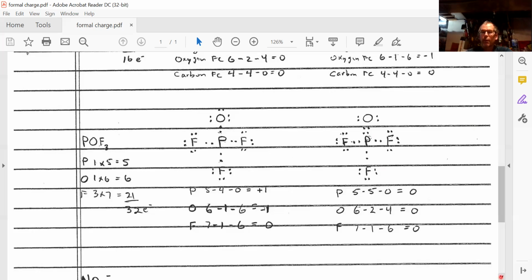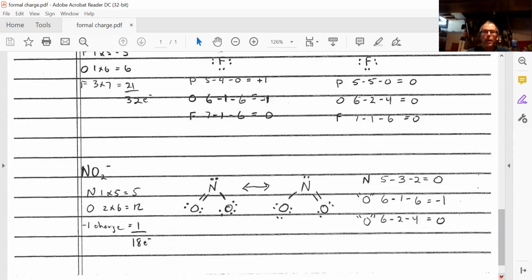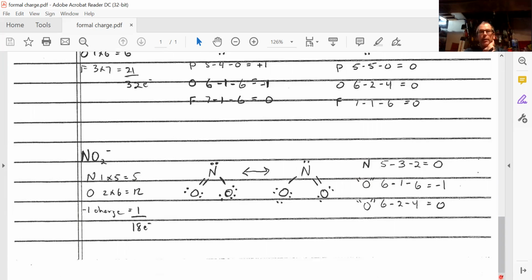Okay, the last drawing I'm just going to show is what if you get an ion? This is something we've drawn that has a resonance structure. It's really not going back and forth. It's just like a 1.5 bond here and a 1.5 bond here. However, when I draw these oxygens, I'll draw them like they're localized on a particular spot. Notice when I do things, I can say 5 minus 3 minus 2, the charge on nitrogen is 0.